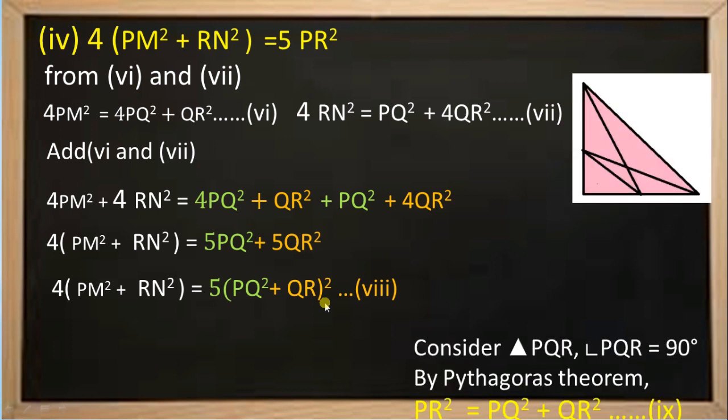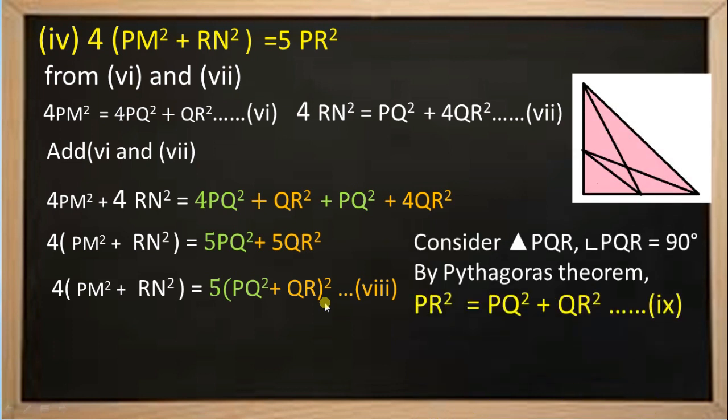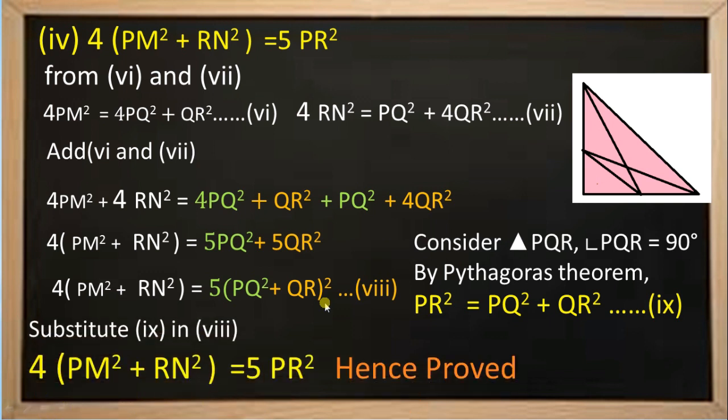In the first diagram, we know that in triangle PQR, by Pythagoras theorem, PR square is equal to PQ square plus QR square. So substitute result number 9 in result number 8. Hence we can say that 4 times PM square plus RN square is equal to 5 PR square.